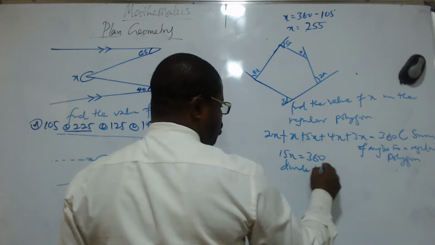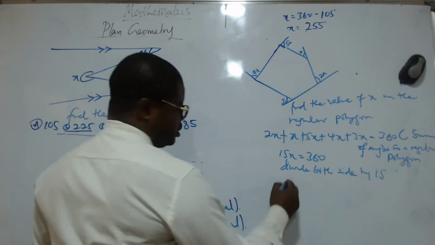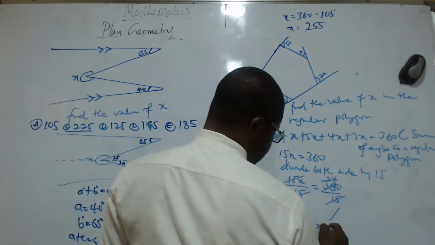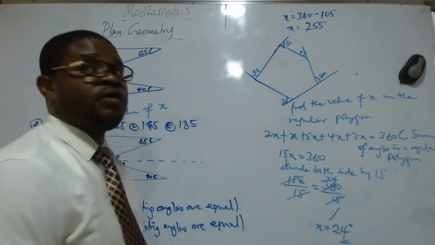Divide both sides by 15. So you have 15 and that 6. That's 4. Therefore, our x is 24. That is the answer to that question.